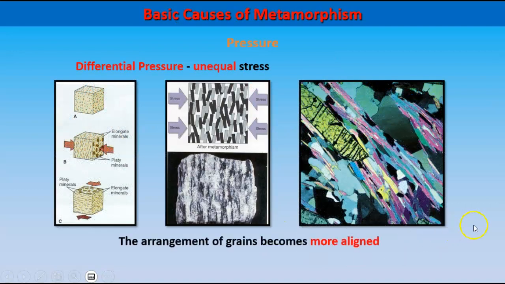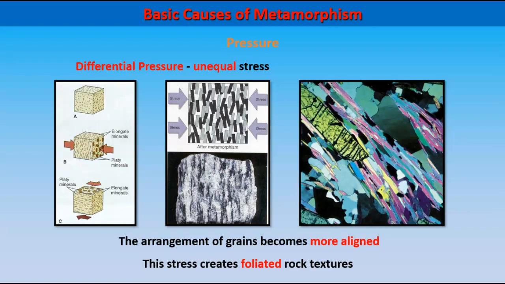Alright, so what is foliated texture, for crying out loud? Alright, here it is. This is what foliated texture is, and this is the differential pressure story. So you can see that the stress is greatest in this horizontal direction in this diagram. The argument is you have an original rock where there are crystals that are elongated. So they're not perfect squares or circles.